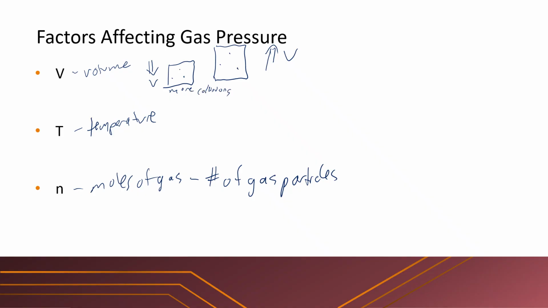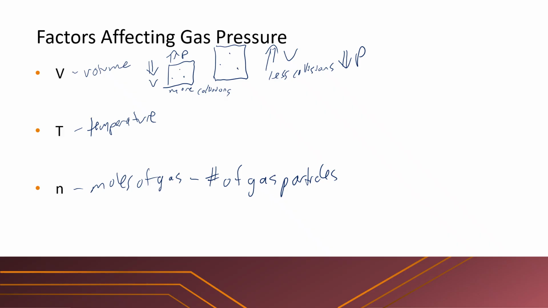The 3 particles in the larger volume will have fewer collisions with the walls of the container because there's more space to move around, so it's not going to bump into as much. So when you have more collisions, that's going to make it have a higher pressure. When you have fewer collisions, you will have less pressure because there's less force exerted by those particles on the walls of the container.